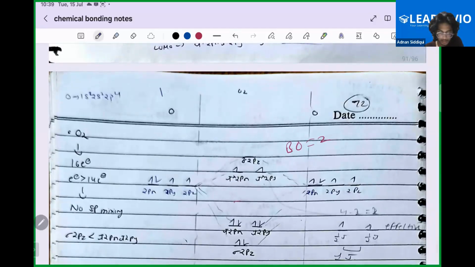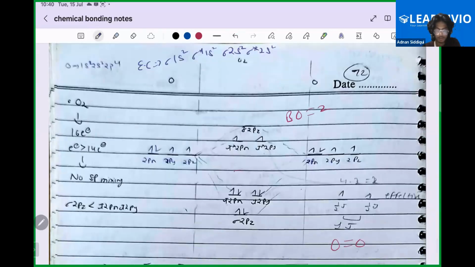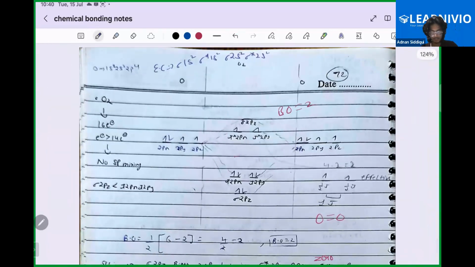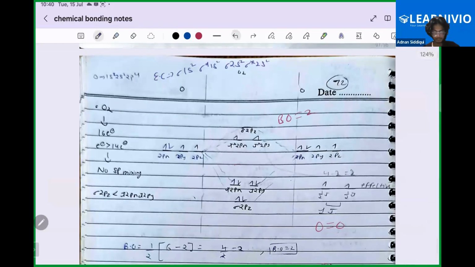Sigma 1s2, sigma star 1s2, sigma 2s2, sigma star 2s2. Now tell me, for this one, sigma 2pz, good, because the energy is lower.